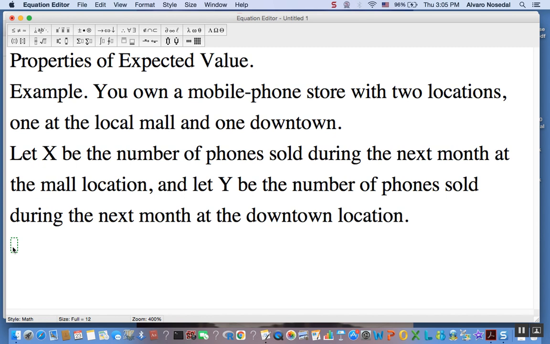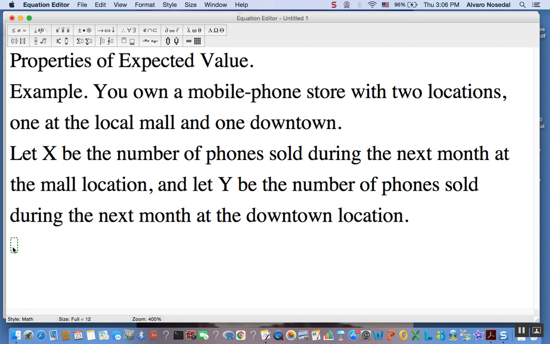On the other hand, we define another random variable, y, and this one represents a similar quantity, the number of phones that you sell at the other location, at the downtown location. Make sense?